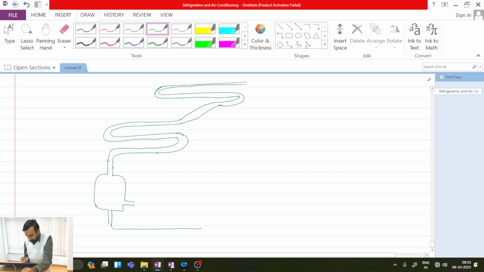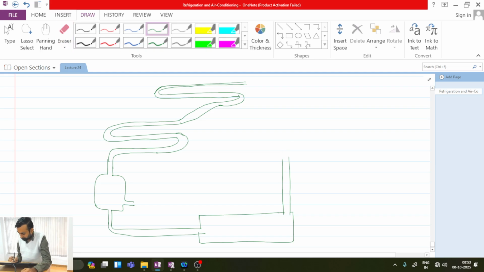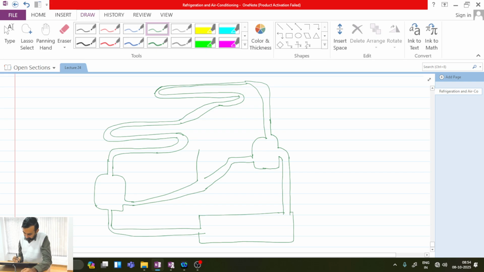Absorber. Generator. So this is the system.